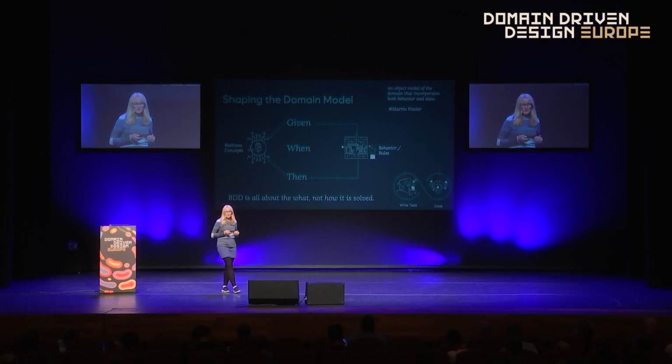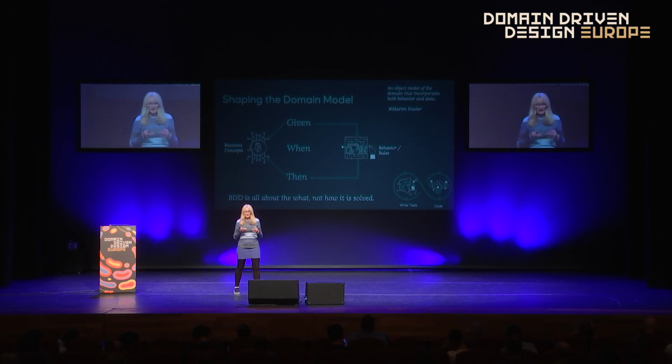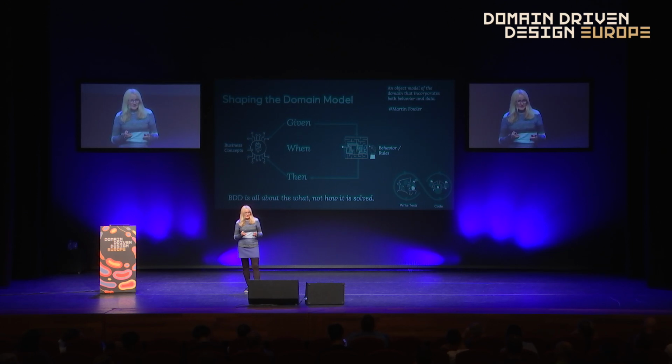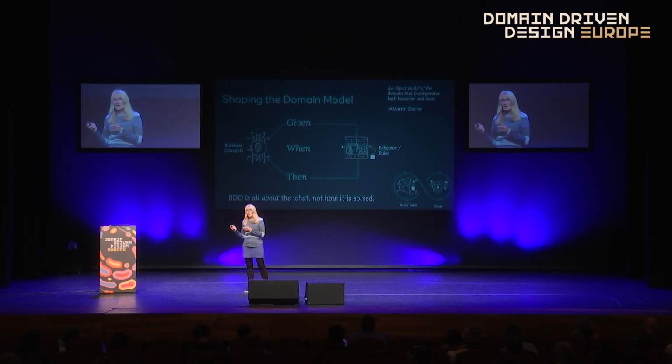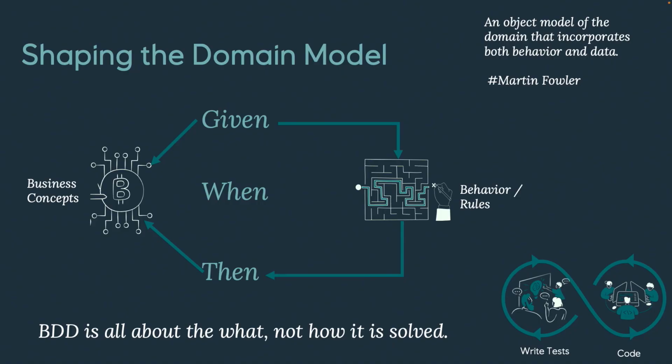That is how you put the behavior and the rules in your domain model. Because BDD is all about what should happen. We don't say anything about how it is actually implemented in code. You don't drag in the detail of implementation.